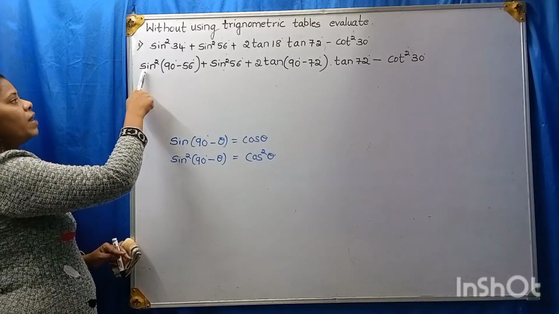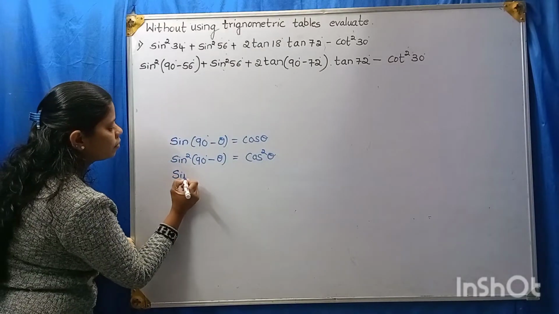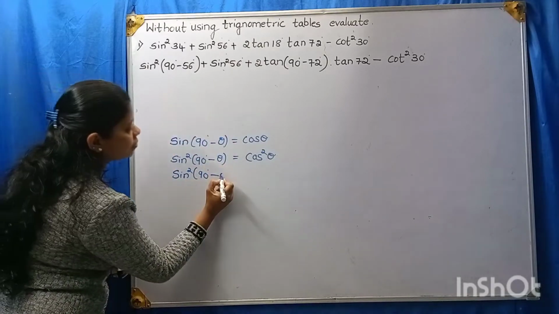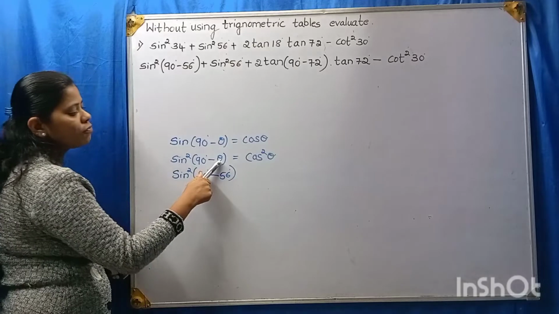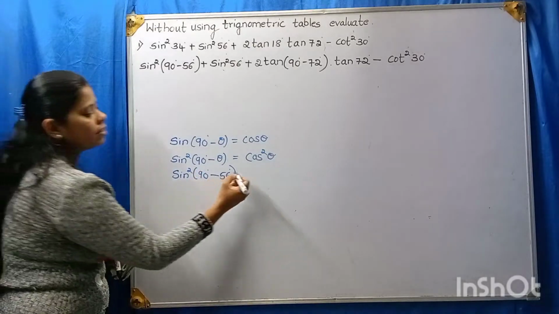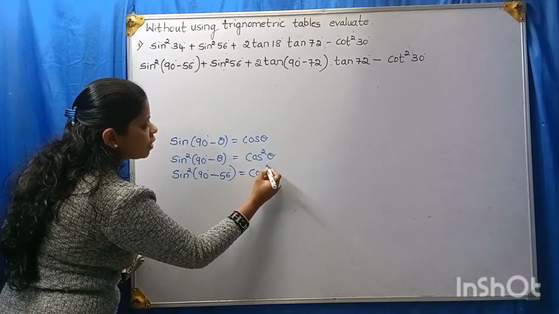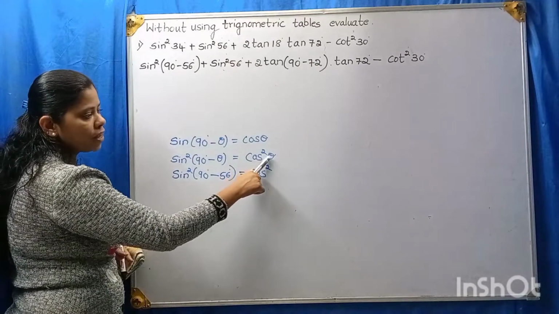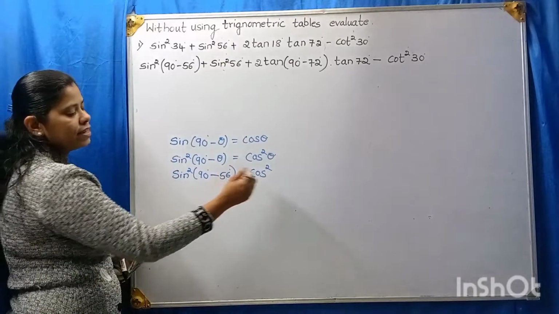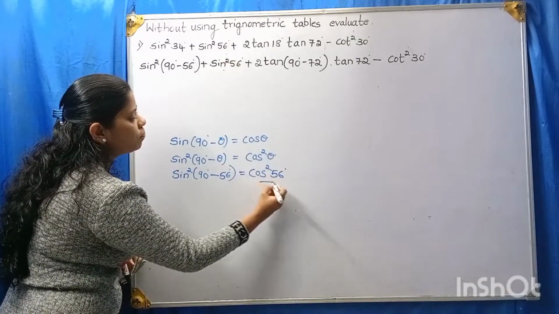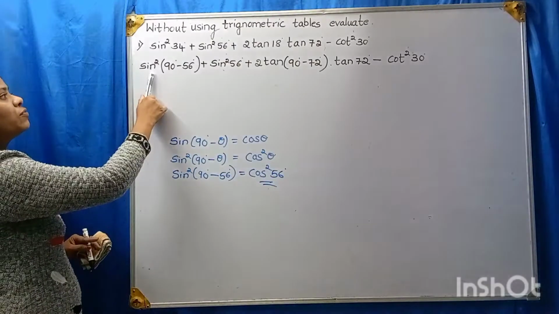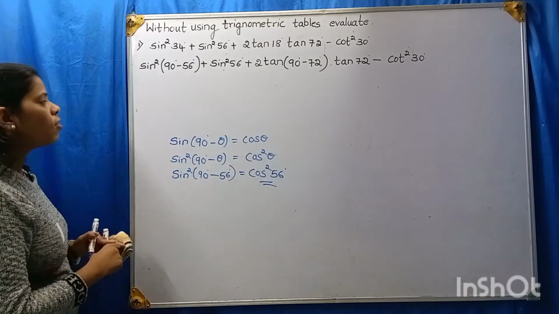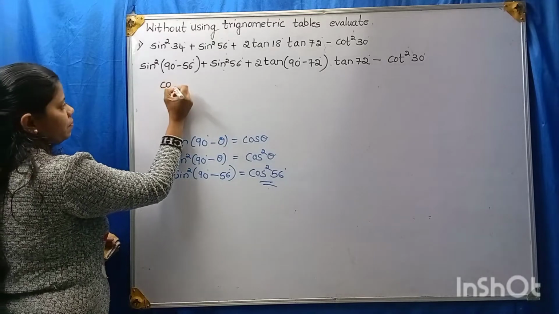So here we have sin square 90 degree minus 56 degree, means in the place of theta we have 56 degree. Therefore, cos square 56 degree. So this sin square 90 degree minus 56 degree can be written as cos square 56 degree.